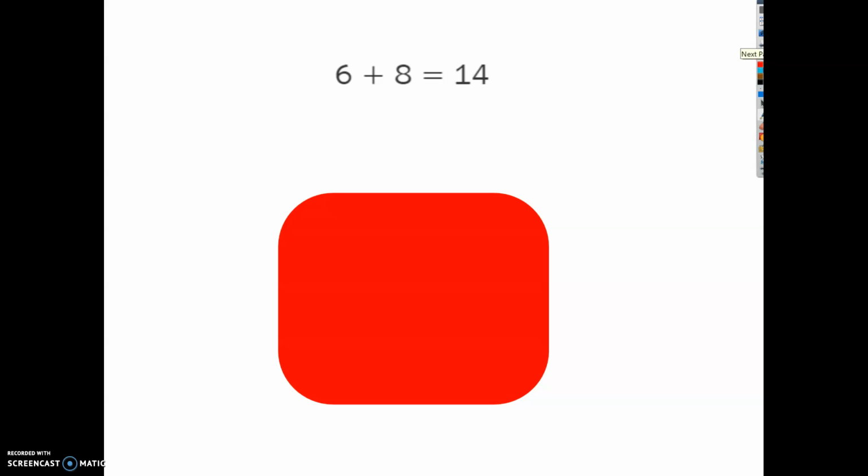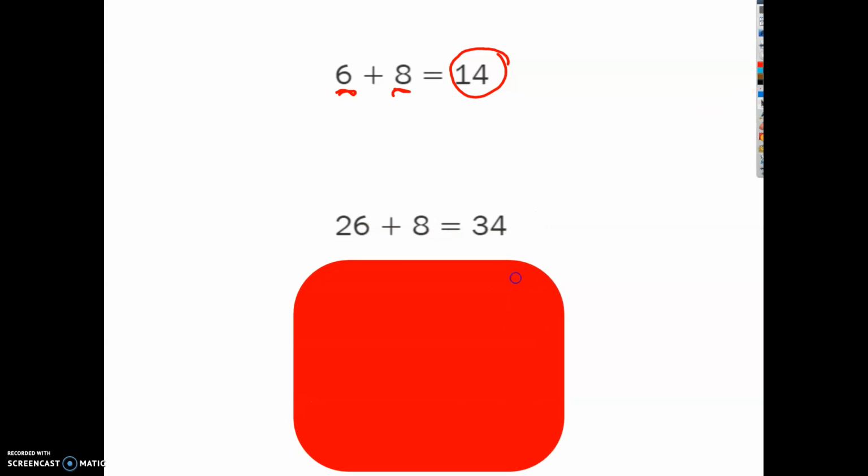This is a different way to use our basic facts to help us solve bigger problems. Here's our basic fact, not 7 plus 8, Mrs. Fleury. 6 plus 8, and it's going to be 14. Okay, now, when I look at this problem, 26 plus 8 equals 34.